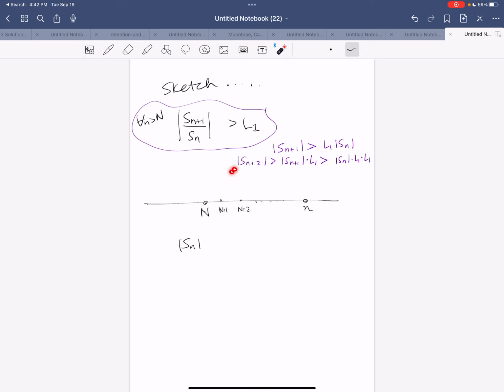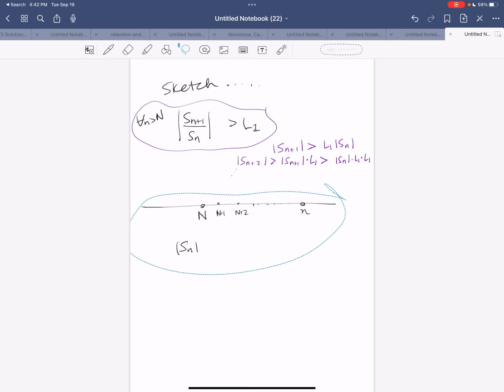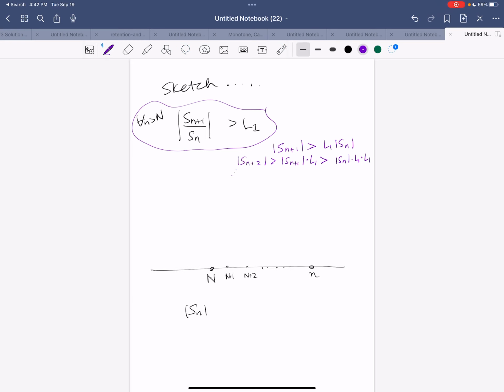So you can repeat this argument to get an estimate for the absolute value of S_n based on how many terms it is past your big N. If I have S_{N+k}, absolute value, that's going to be S_N times L1 to the k, right?